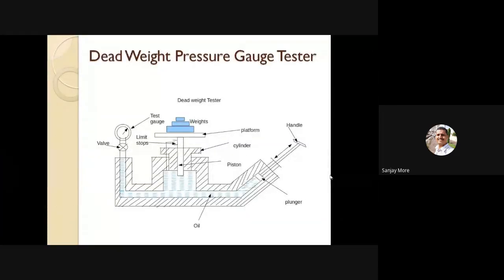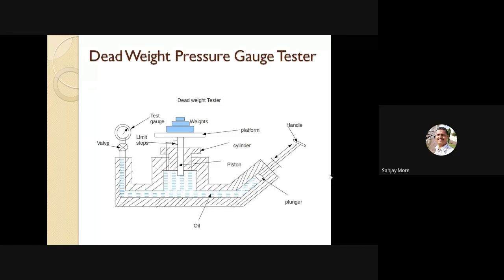So in the last lecture, all of you drew this diagram, the deadweight pressure gauge tester. This is the last instrument of pressure measurement devices. So anyone still remaining or incomplete with this diagram, please inform me.